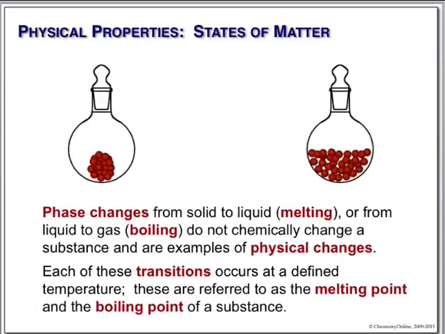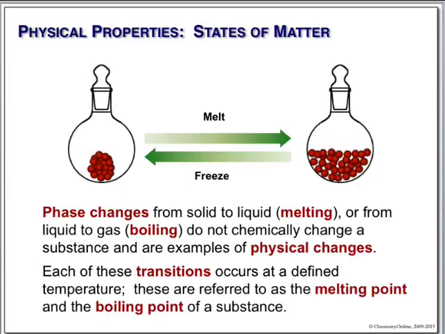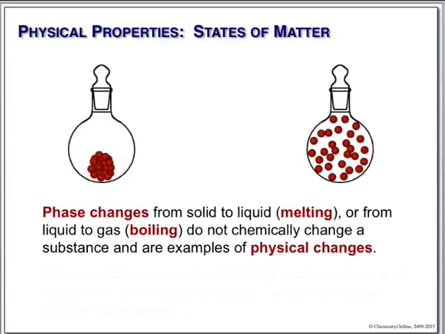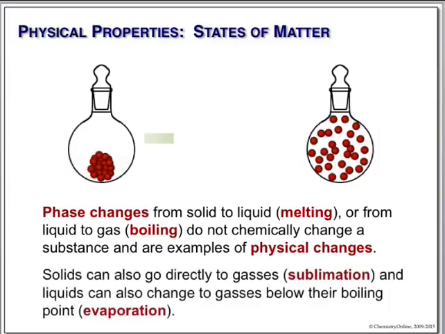If we take a solid, we can melt it and make a liquid. That's a phase change. That's a physical change. We can go backwards, of course, from a liquid. We can freeze it. We can take a liquid to a gas, and go back. We can actually go directly from a solid to a gas.